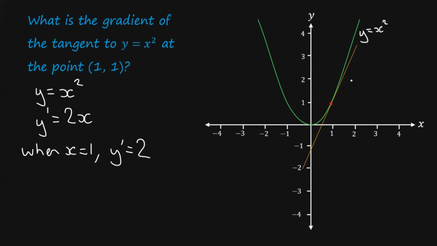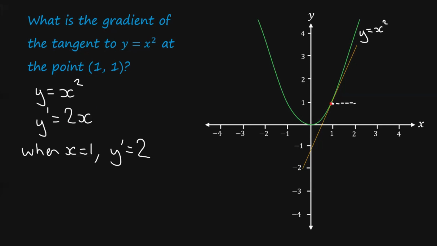Another way of visualizing it is to have a look at the slope of this line. Another way of calculating the slope is to find the rise and divide that by the run, and I'll show you what that means. If we go across like that, we've gone across one, so that's the run.